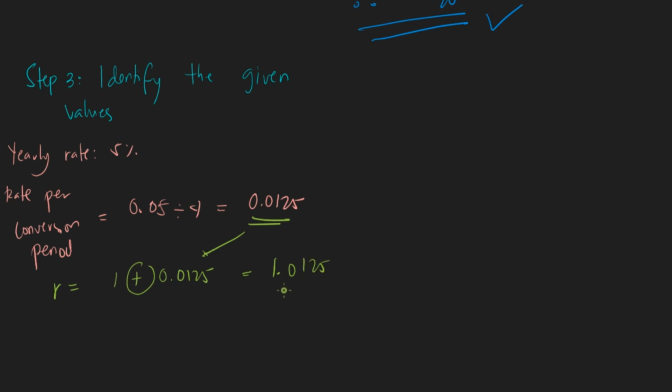So with that, our common ratio is 1.0125. And of course, we need to look for the first term, the value after one conversion period, or one quarter.